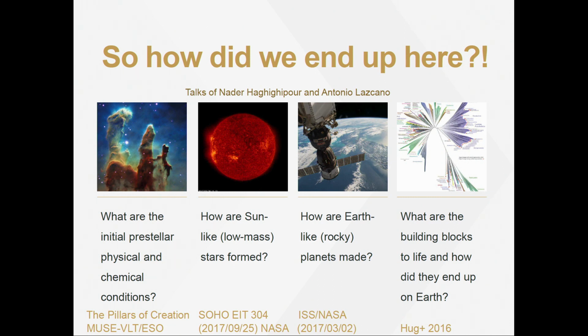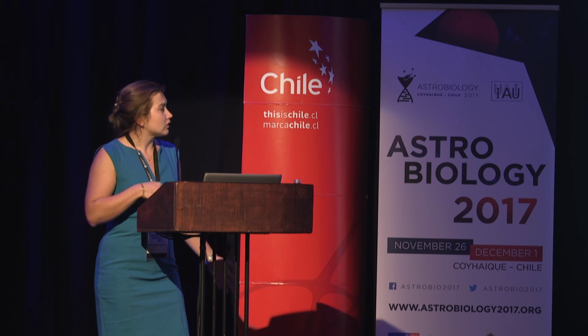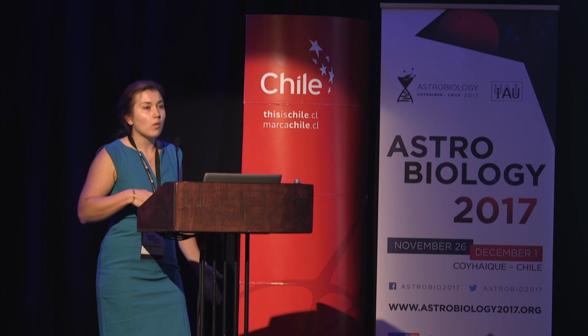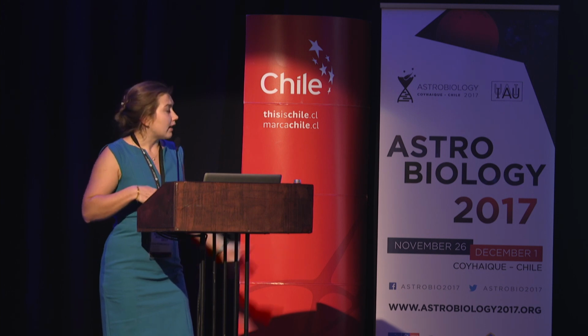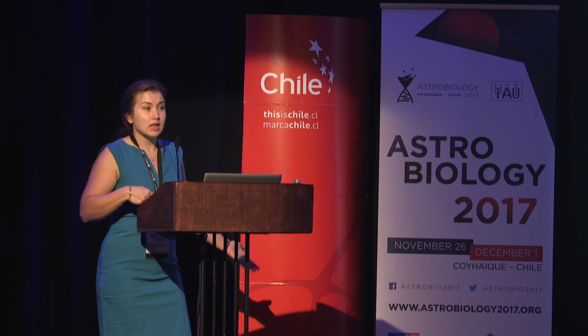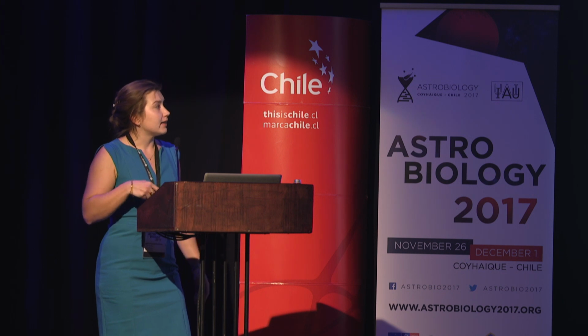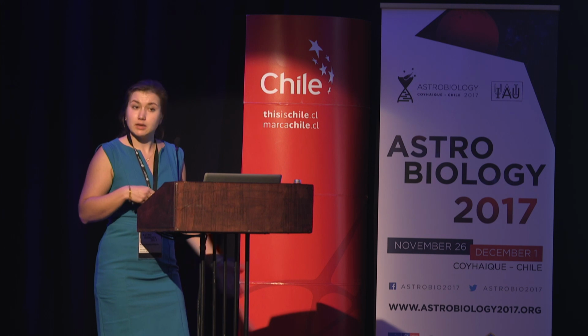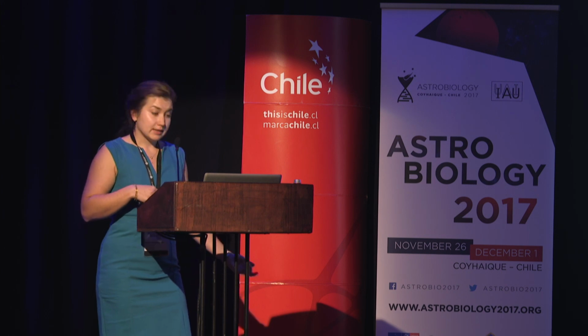I think this conference is great for talking about this, because we really are covering this full multitude of different environments. Starting from these prestellar cores and dealing with questions as to how these regions look physically and chemically, how we make sun-like low-mass stars, how we make Earth-like rocky planets, and then how we make, from simple molecules, the most complex and probiotically significant species.